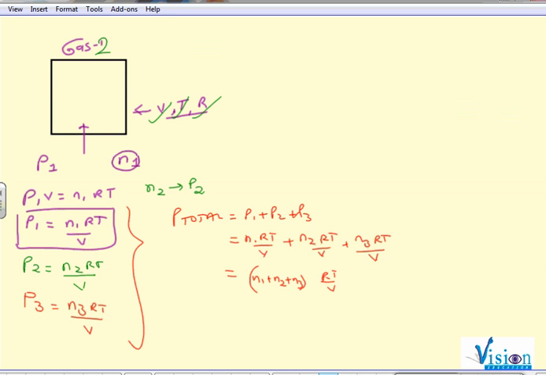But N1 plus N2 plus N3, can I write it as N total, times RT by V? So what we are getting is P total equals N total RT by V.